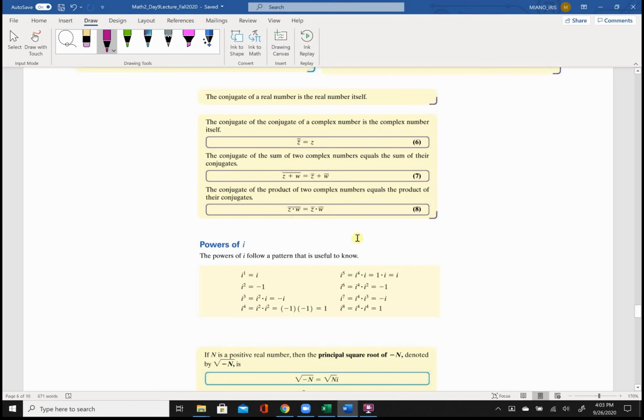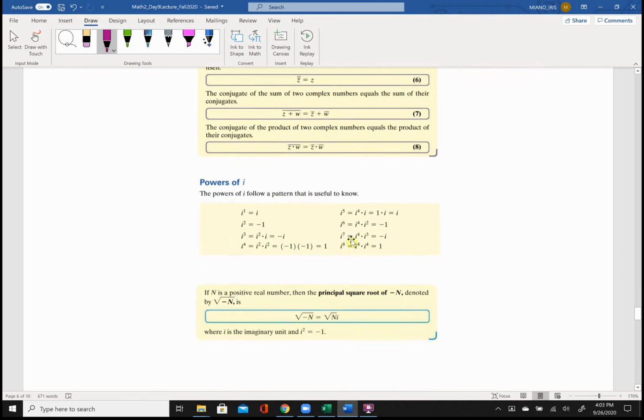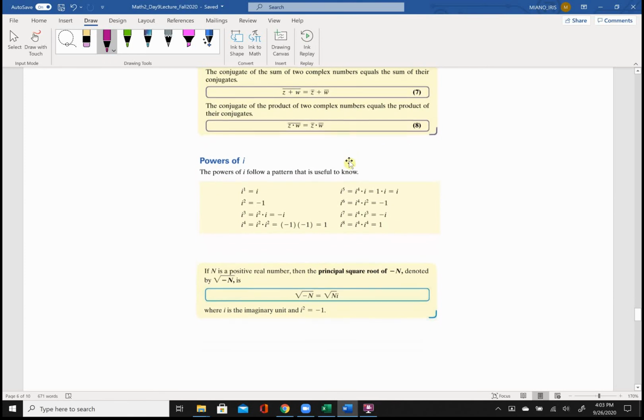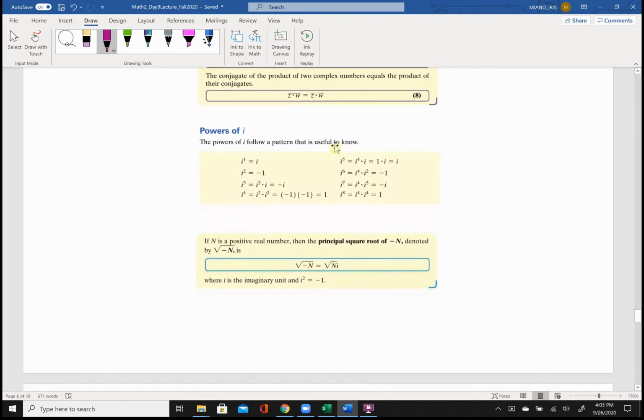Cool, and then there's some other stuff here with regard to operations and conjugates. You could just separate them into their own individual conjugates. Cool, cool, cool. And then here, the powers of i come in this little chart. Very handy, something you're going to want to internalize, or at least the first 4 powers of i, because as you can see, the pattern repeats, okay?